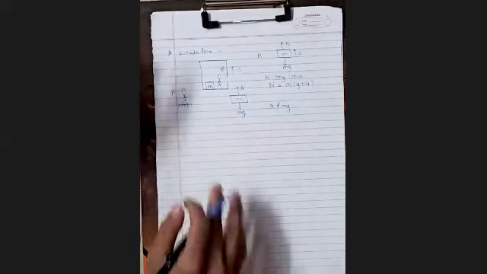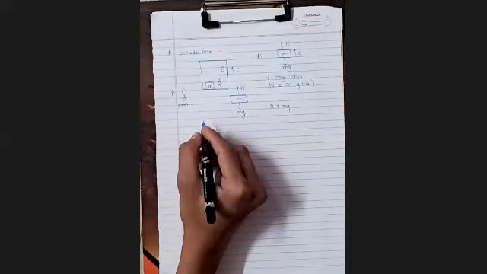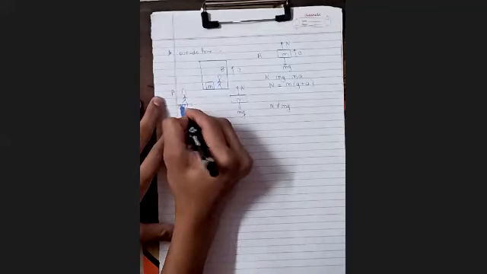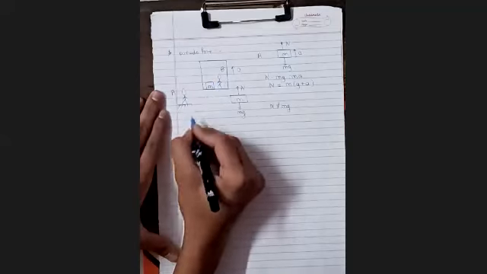So we introduce pseudo force. This is a non-inertial frame and this is an inertial frame. So to make a non-inertial frame behave like an inertial frame, we add pseudo force.